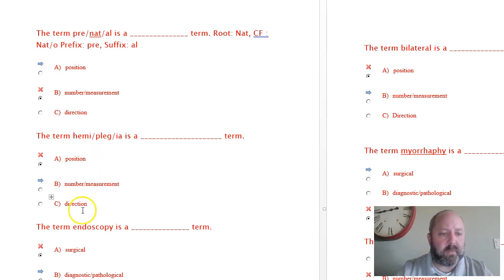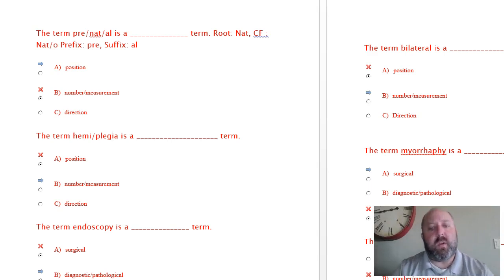Is this a number or a measurement, or is this directional? Well, do we know what plegia means? This means a loss of feeling, a loss of use. So you can have people that are quadriplegic. They have no feeling or use of, what quad means is number of limbs. So we're talking about 4 limbs in that case.